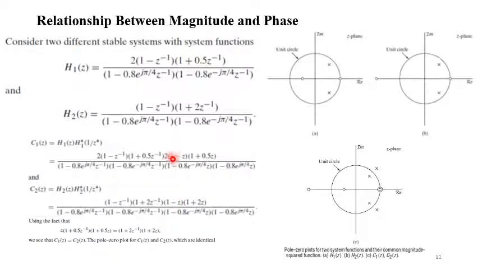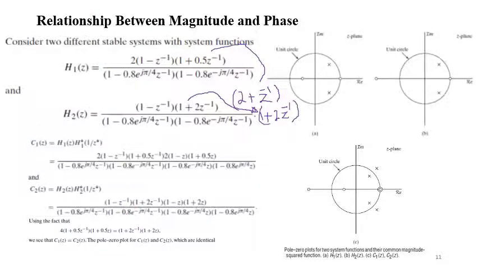The only different terms are the scalings, 2 and 2, 2 times 2 is 4, and 1 plus 0.5 z^{-1} and 1 plus 0.5 z. If we simplify them, you can easily find that this equals basically this one. So that means C1(z) is exactly equal to C2(z).